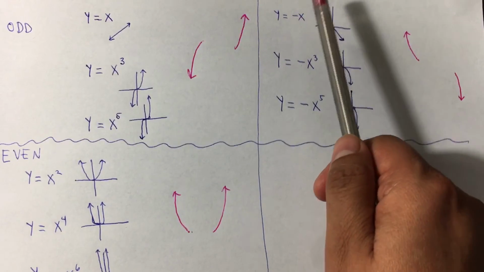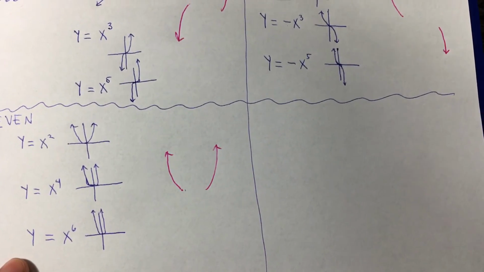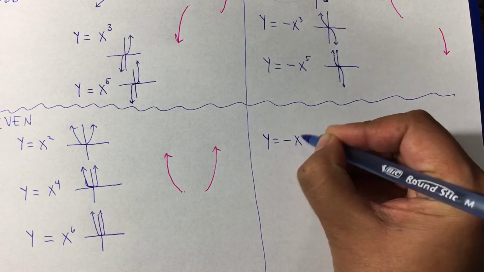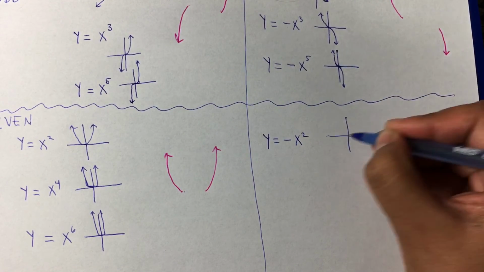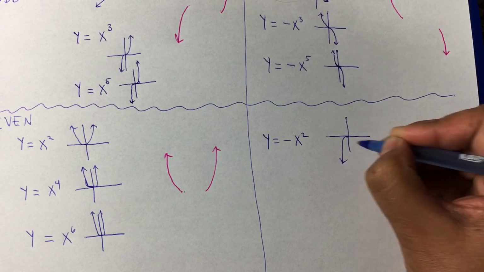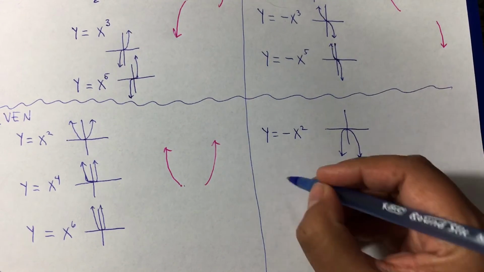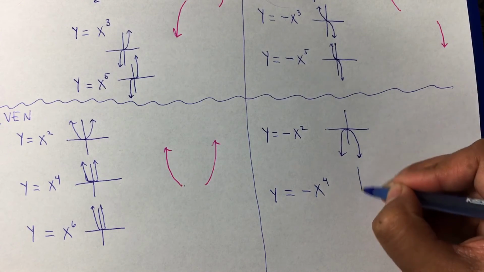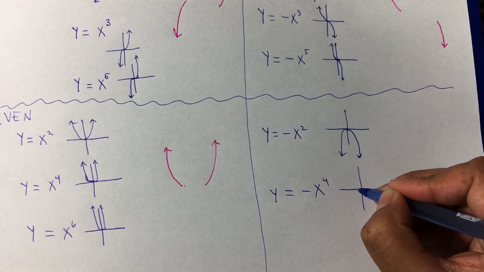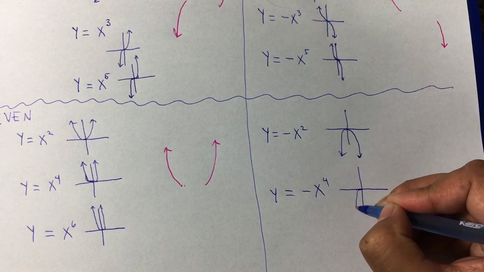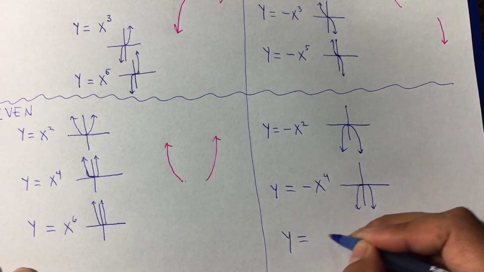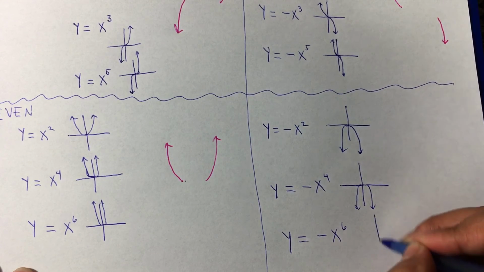If the leading coefficient is negative, again, even. With even, you have negative x squared. It went down. y equals negative x to the 4th. It went down as well, but flatter here a little bit. And y equals negative x to the 6th.